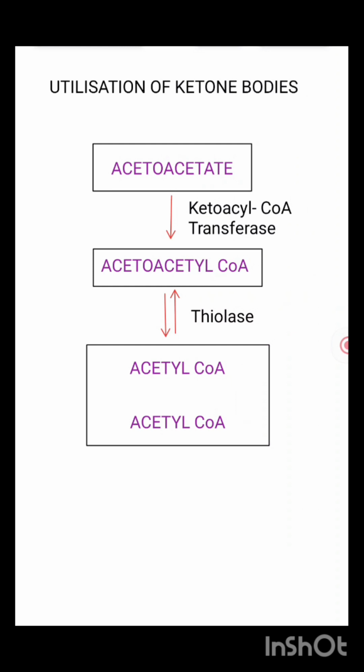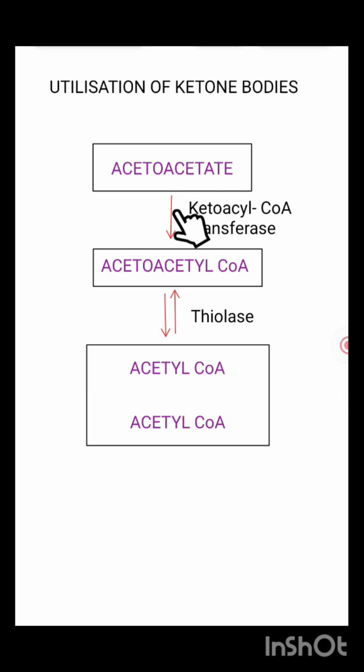Now, how are ketone bodies utilized? Like I said, it's hydroxybutyrate and acetoacetate that are being utilized. So you're going to notice that the utilization involves acetoacetate simply being broken down to two acetyl-CoA molecules. So in the first step, this is one of the critical enzymes that is very much needed in the utilization of ketone bodies.